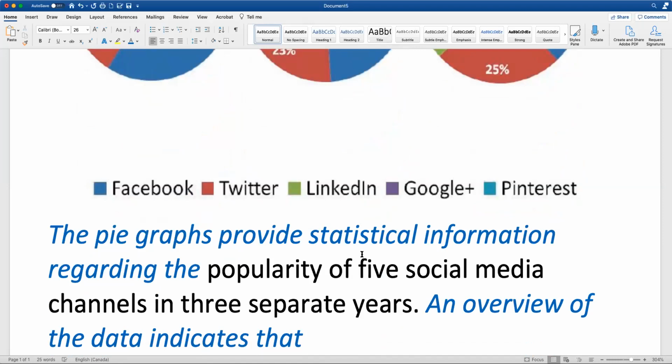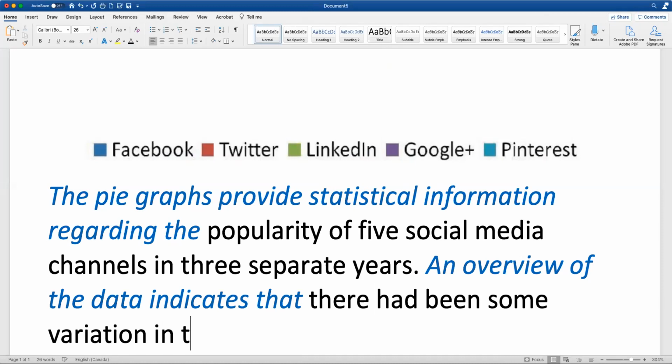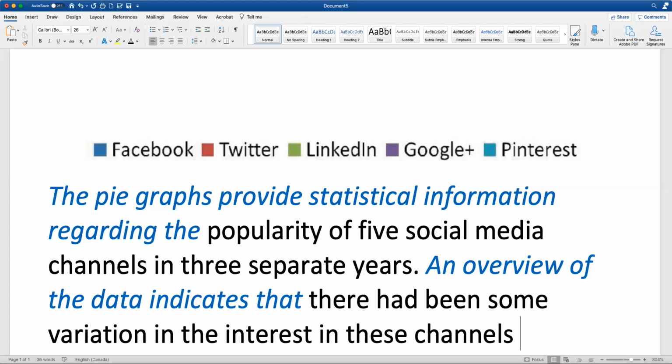So an overview indicates that there had been some variation in the interest for these channels between those years.